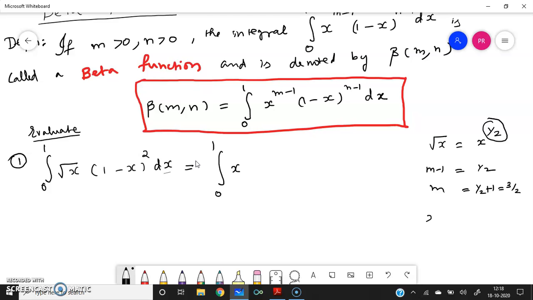So I can write x to the power of half as x to the power of 3 by 2 minus 1.